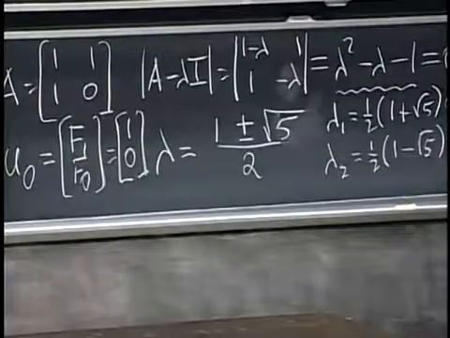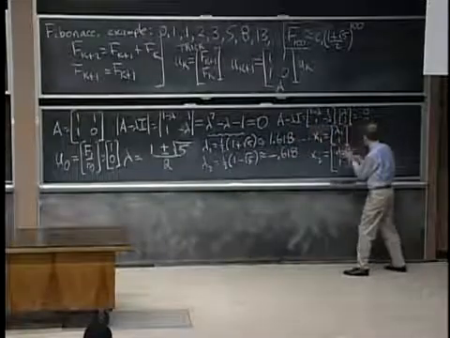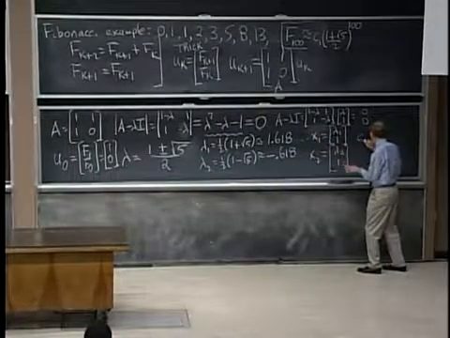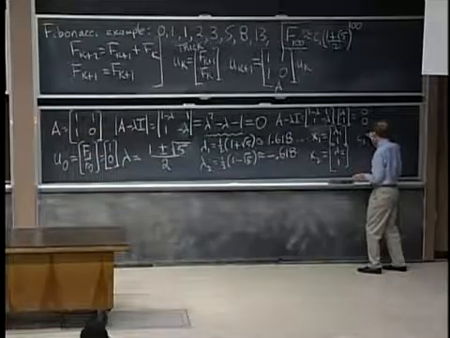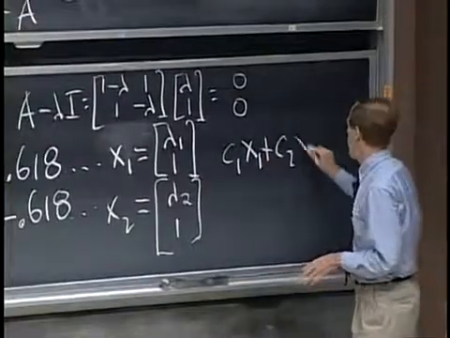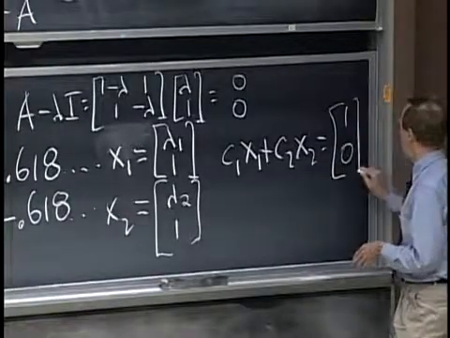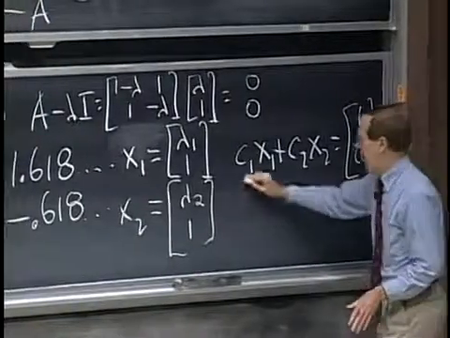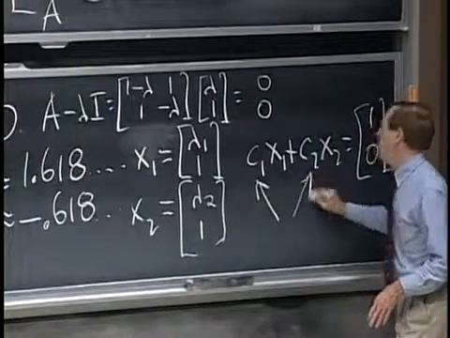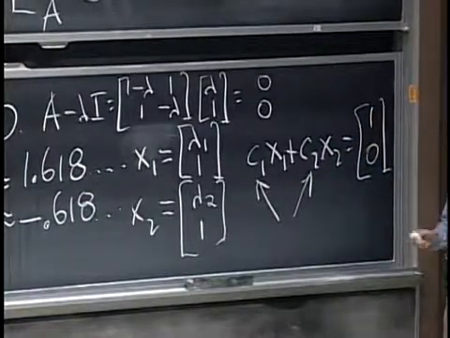So I have to look for a multiple of the first eigenvector and the second to produce u0, the 1, 0 vector. This is what will find C1 and C2, and then I'm done.